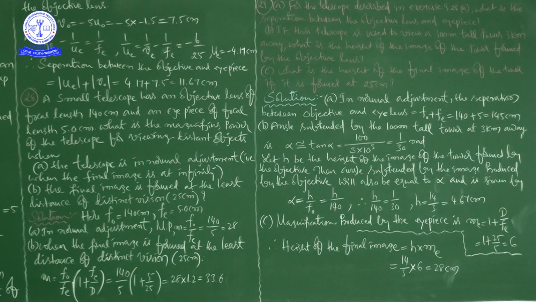See here, in normal adjustment, the separation between the objective and eye lens is equal to F0 plus Fe, that is 140 plus 5, which is equal to 145 centimeters.